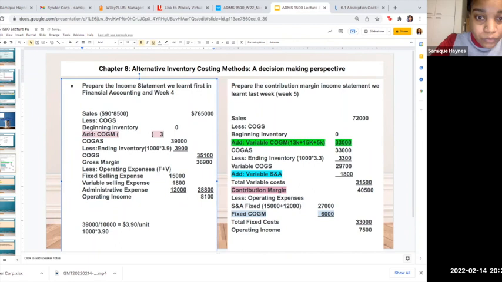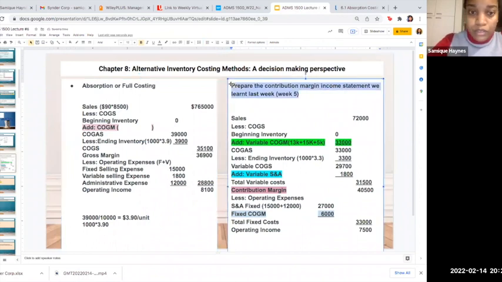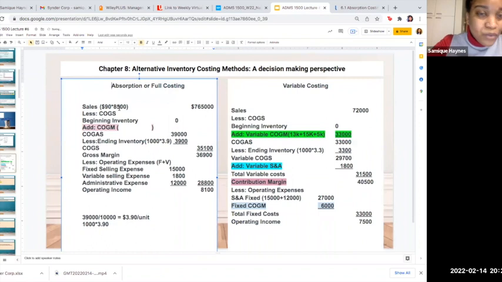Which is it? What is the cost of goods manufactured under the, let's be official now, okay? Let's call this the absorption or full costing method. We don't have to call it the one from last week anymore. Variable costing. 140,000, 500,000. Friends, what is the cost of goods manufactured? What are you adding together?